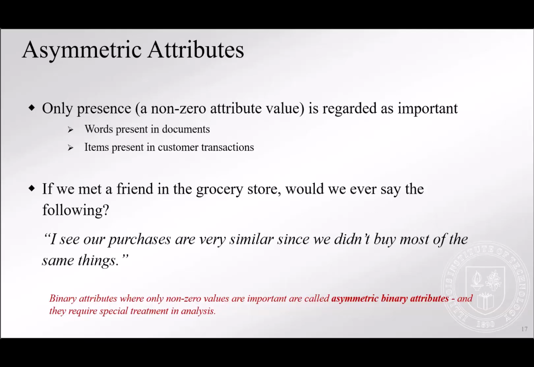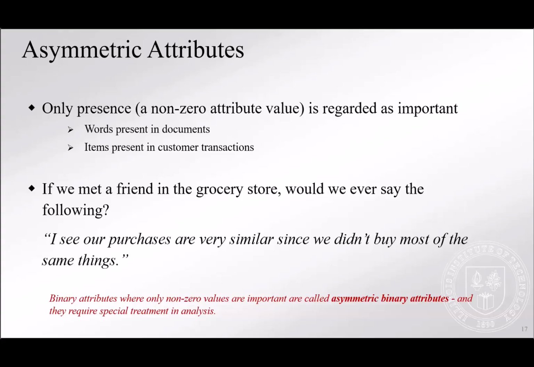Here's a thought experiment that perfectly illustrates this concept. If we met a friend in the grocery store, would we ever say, "Oh, I see your purchases are very similar since we didn't buy most of the same things"? No, of course not. That would be absurd.